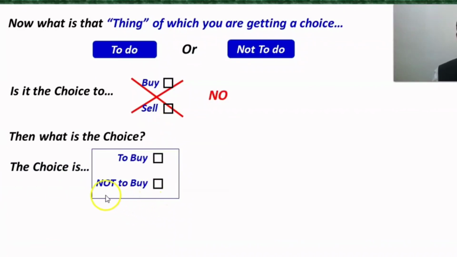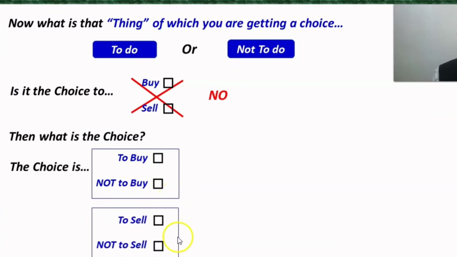The choice is between buying a thing or not buying a thing, buying the share or not buying the share, and selling something or not selling something. You see, there is a difference between this choice and these two choices.